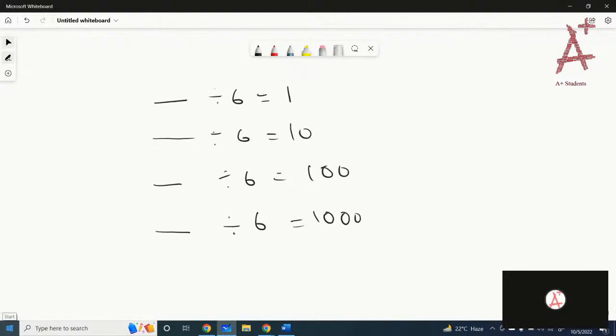So the options given are 220, 200 and 400, then 440, 400 and 4000, and then 660, 600 and 6000. So which option is the correct one? What number divided by 6 is 1?